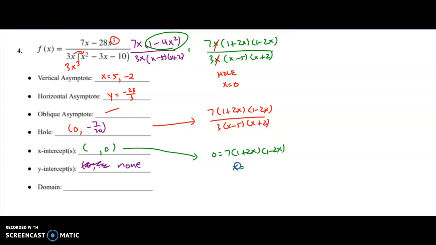And so you get x is equal to -1/2 and +1/2. So there are two x-intercepts at -1/2, 0 and +1/2, 0. So your domain is x such that x cannot equal -2, 5, those are from the vertical asymptotes, and also 0 because at 0 there's a hole.